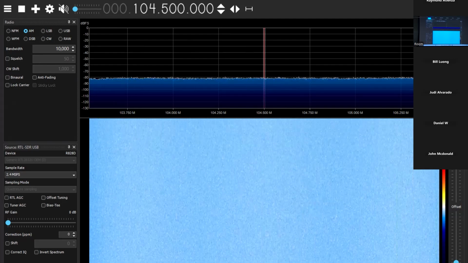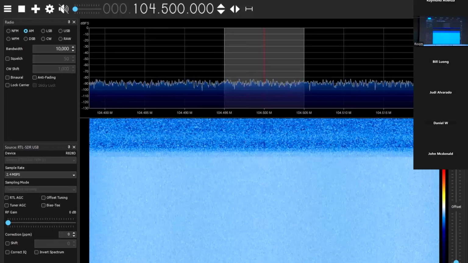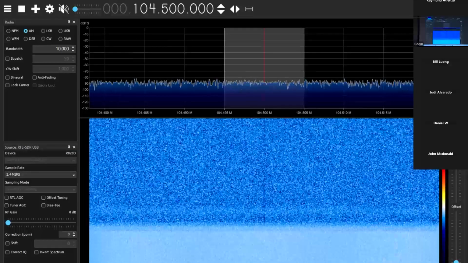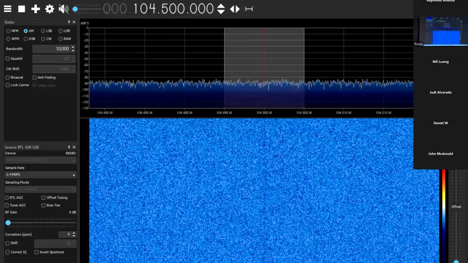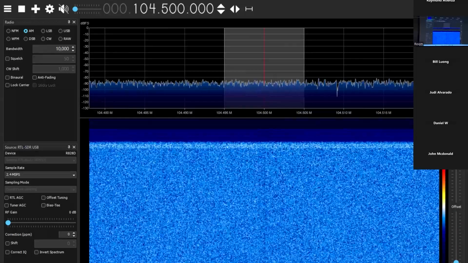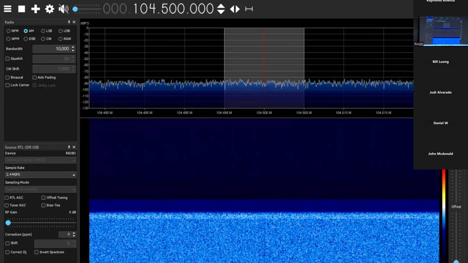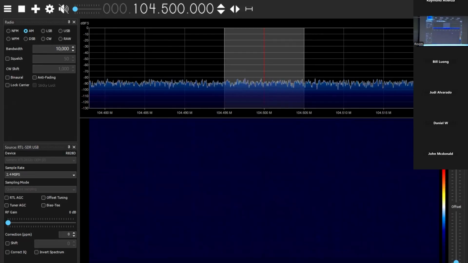Let me go over the four dials over here. Your zoom is how much of the spectrum you can see at one time. Helpful if you want to focus in on a certain set of frequencies. Contrast changes the difference of colors in the waterfall. If you were at a strong contrast and actually saw a signal, it would be red.